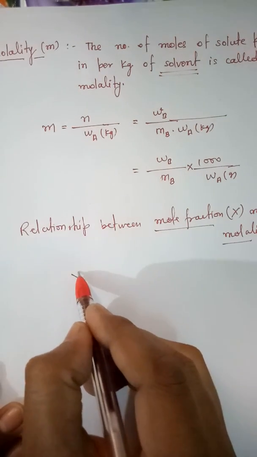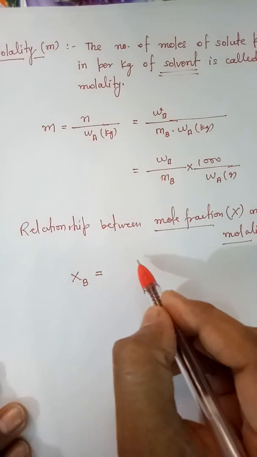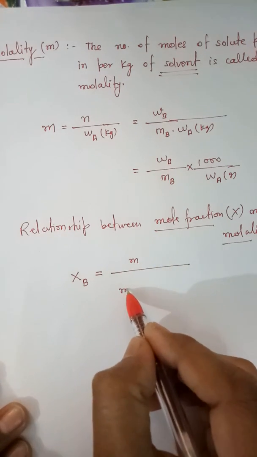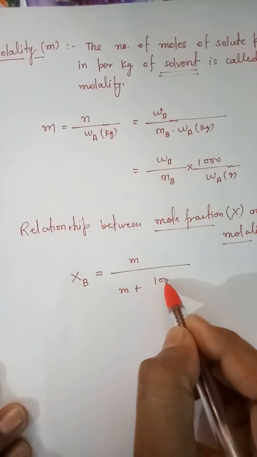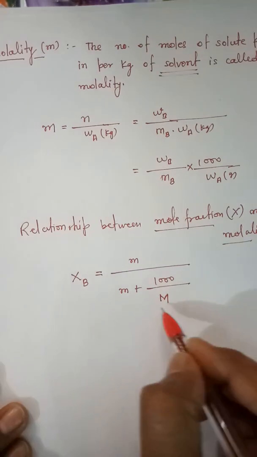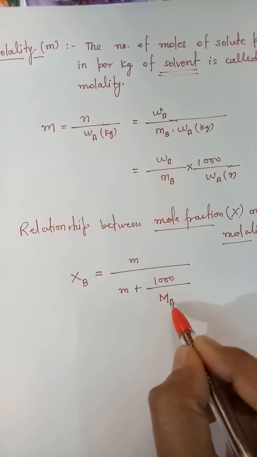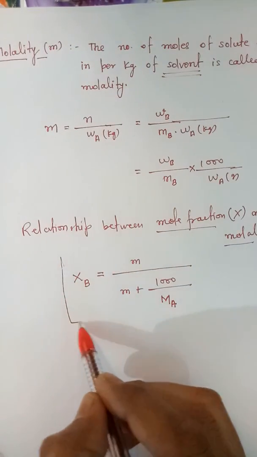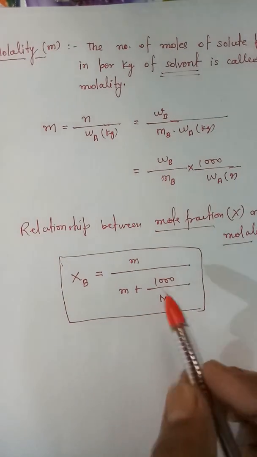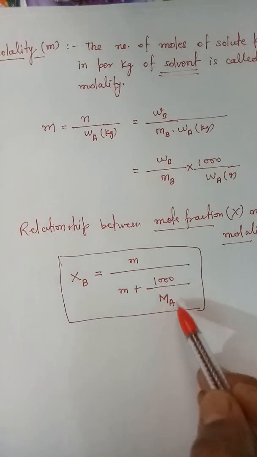This can be related as mole fraction of solute equals molality upon molality plus 1000 upon molar mass of solvent. This is the relationship between mole fraction and molality: mole fraction of solute equals m upon m plus 1000 upon molar mass of solvent.